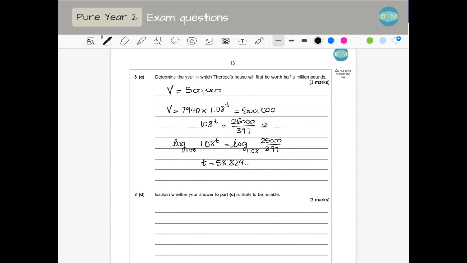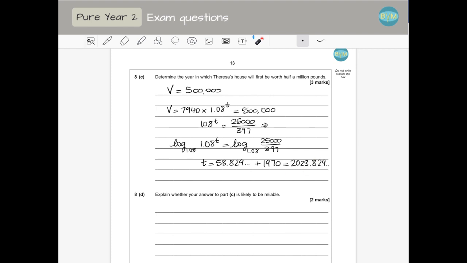So this value is 53.829 something. This added to 1970, so 53.8 years after 1970 is 2023.829, which means if you think about rounding, you would round up.